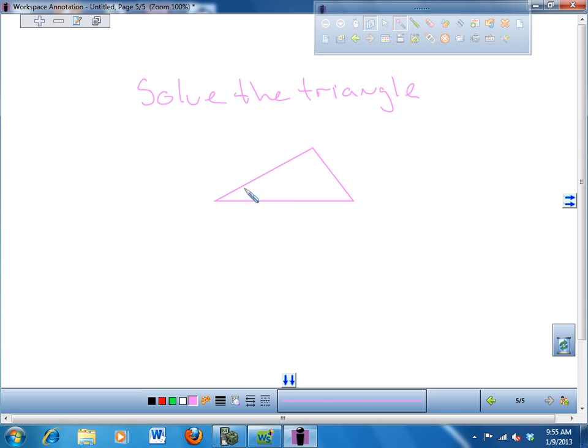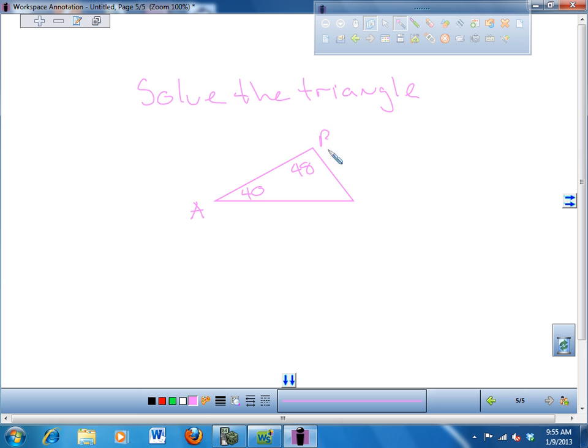Okay. So say I'm told that this is 40. This is way off because this doesn't look like it's 40 and this doesn't look like it's 48, does it? I'm doing this on purpose because a lot of times things are not drawn to scale.